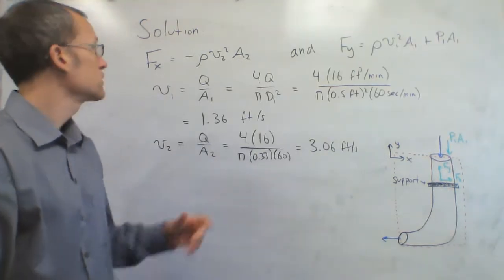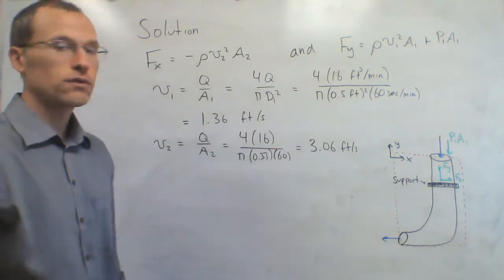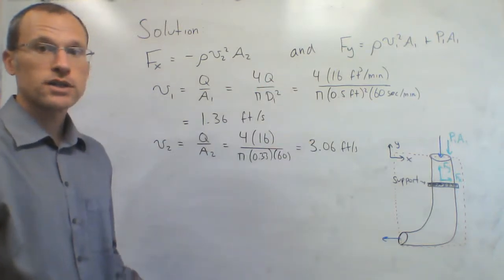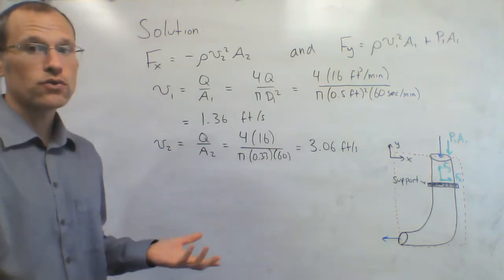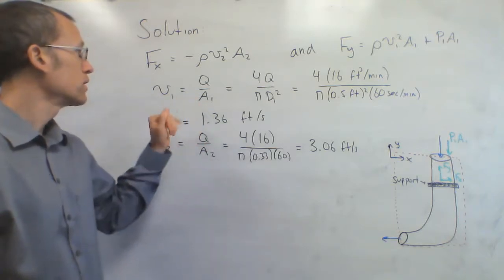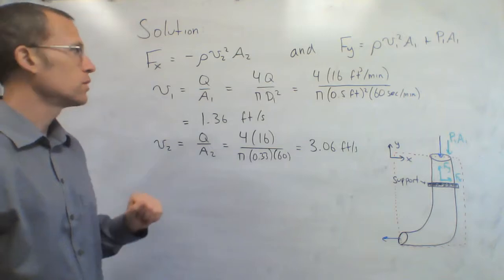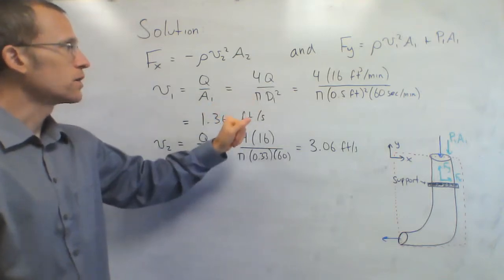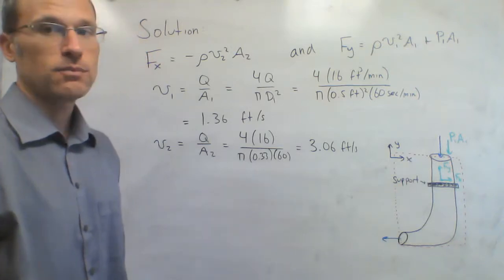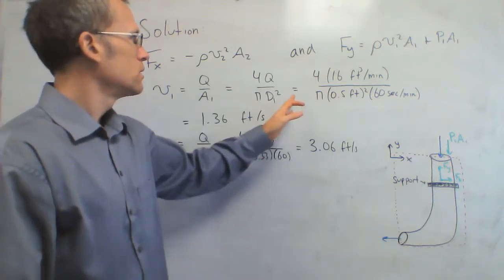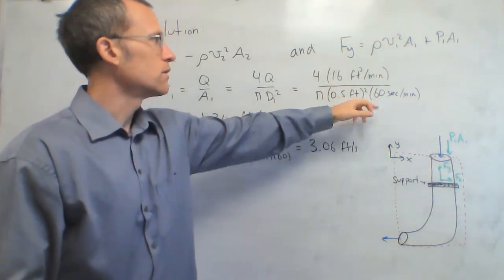Now that I have equations for Fx and Fy, my support forces, I basically just need to plug numbers in, but I don't know my velocities. I do know the flow rate though, so I can relate my velocities to flow rate: V1 is Q over A1, so 4 Q over pi D1 squared. My flow rate was 16 cubic feet per minute, so I change that into feet per second, dividing by 60.